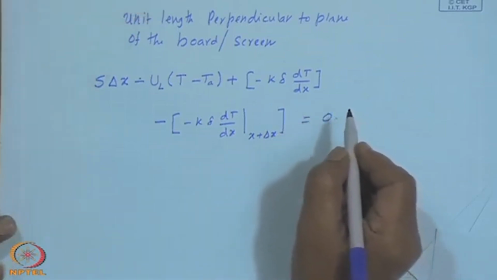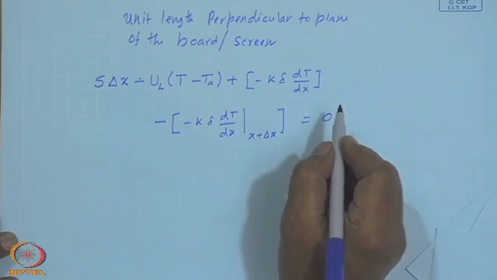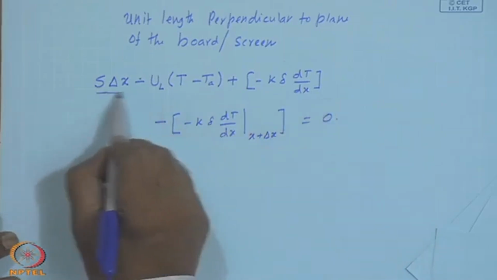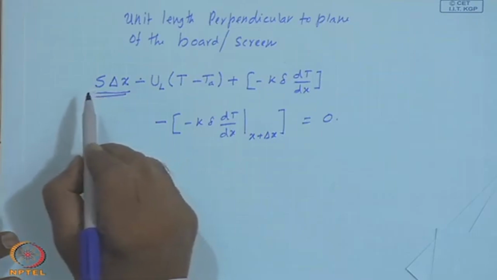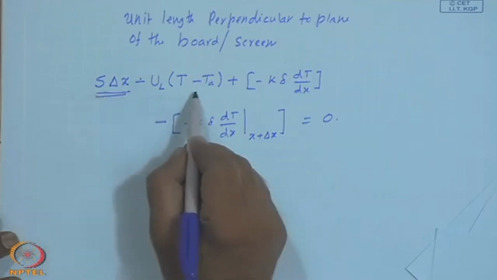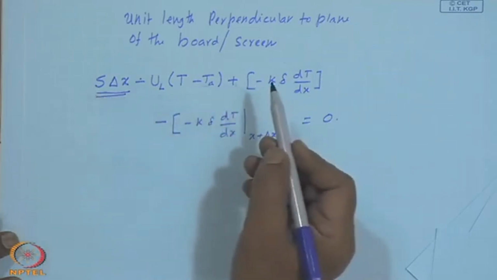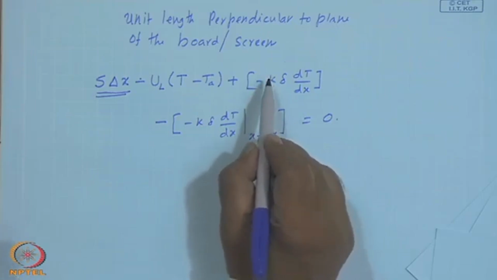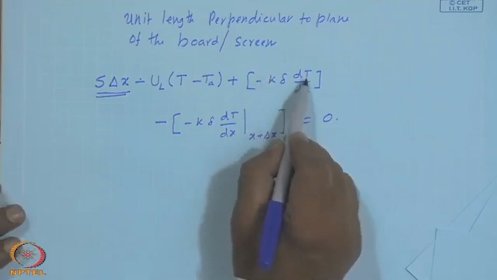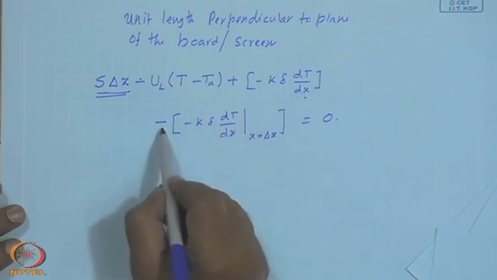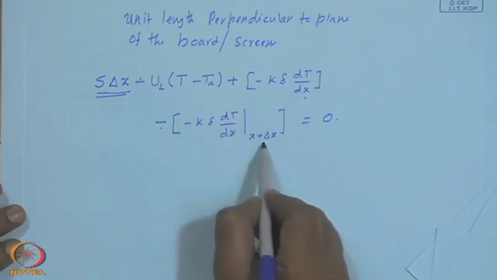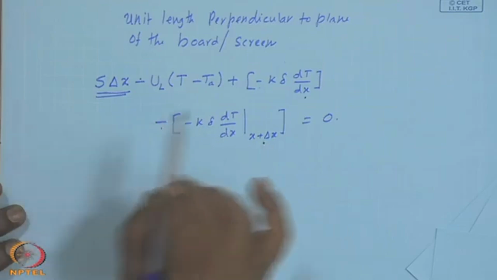I prefer to write this equation in terms of physics. This is an entering radiation that is absorbed, and U L into T minus T A leaves, it is a loss. On one side the entering is given by Fourier law of conduction, minus k delta dT by dx, and what leaves the control element is the same thing at x plus delta x. So, there is a minus sign.